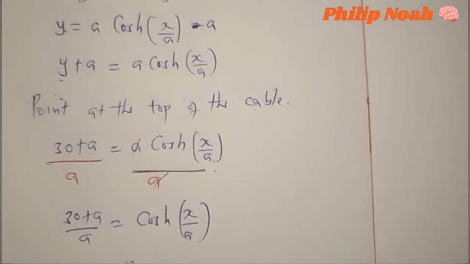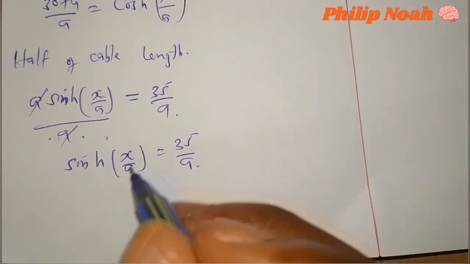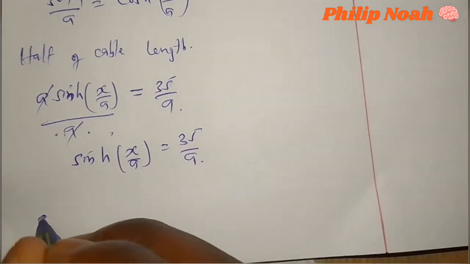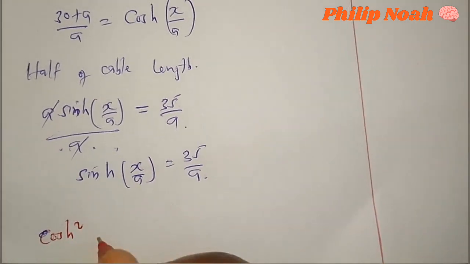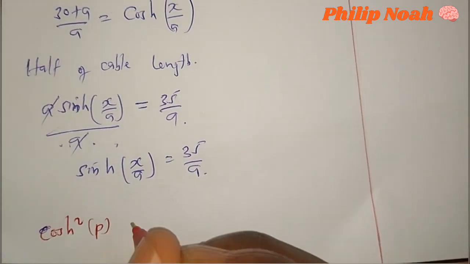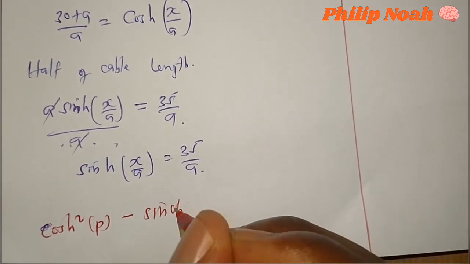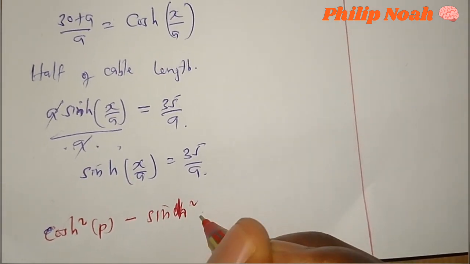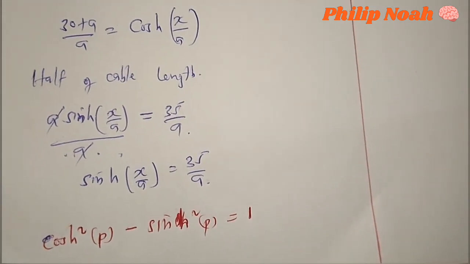After that, genius, I want you to remember the hyperbolic identity that cosh squared P minus sinh squared P equals 1. Are we there?